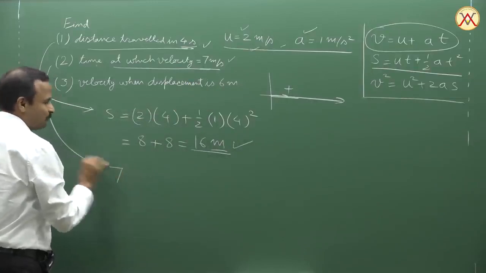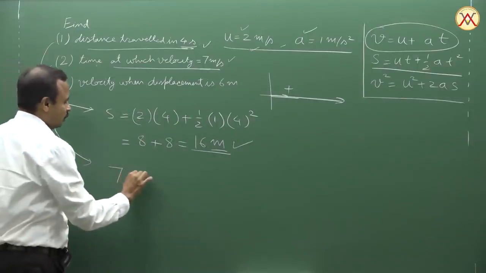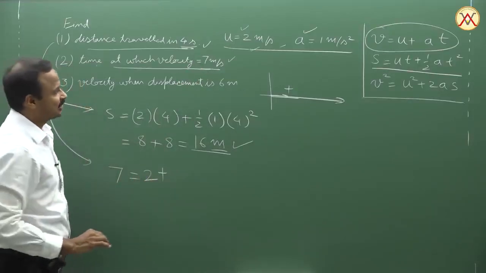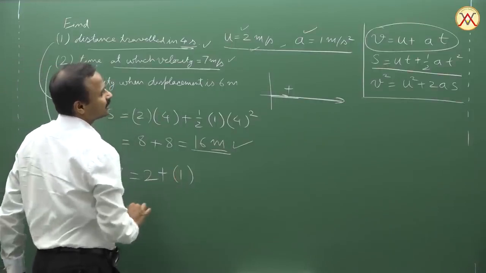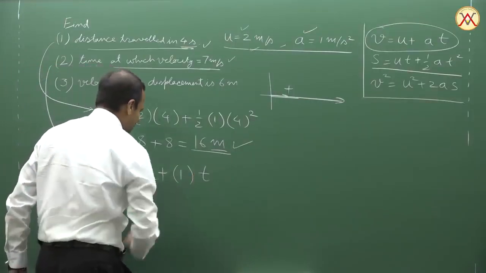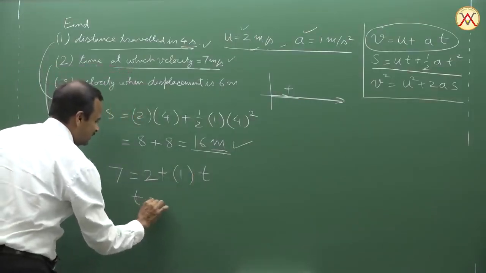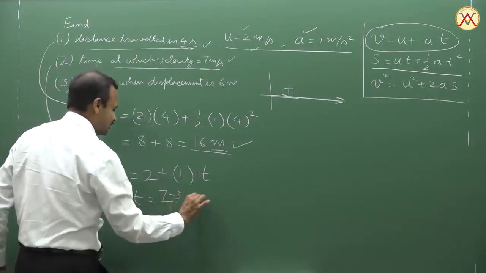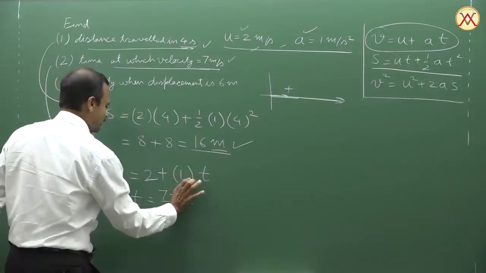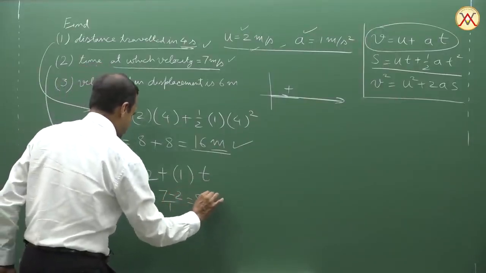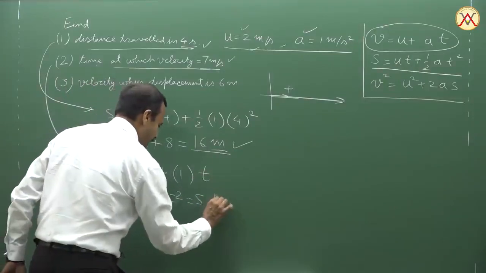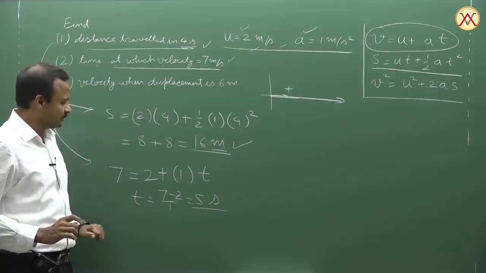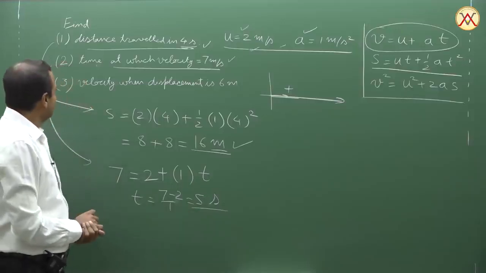So in the place of v, I am putting 7 equal to u, which is 2, plus acceleration 1 meter per second square times t. So this gives us t equal to 7 minus 2 by 1, which is 5 seconds. So the time at which velocity is 7 meters per second is 5 seconds.